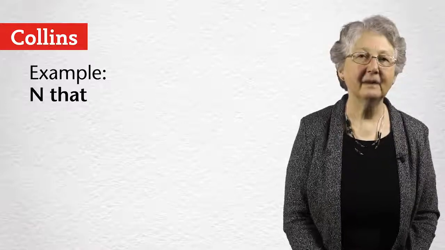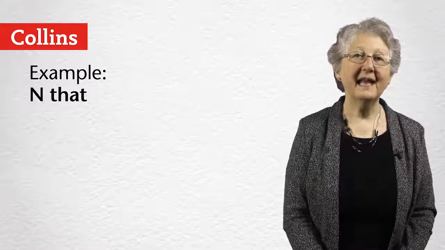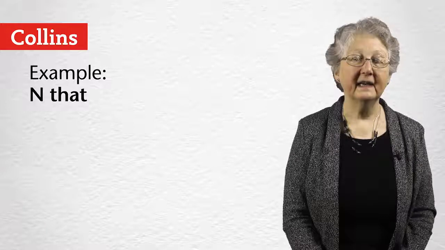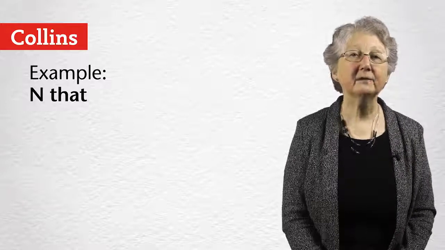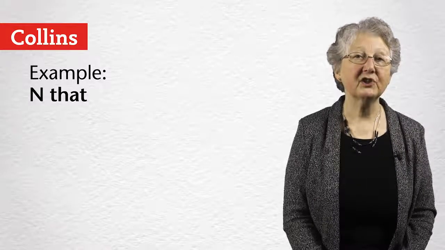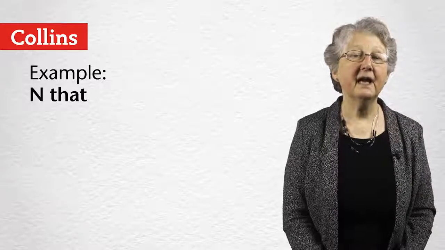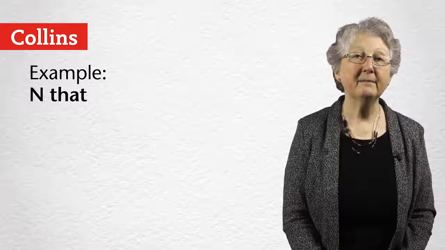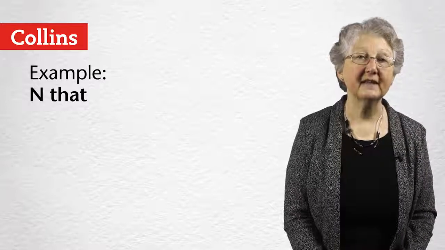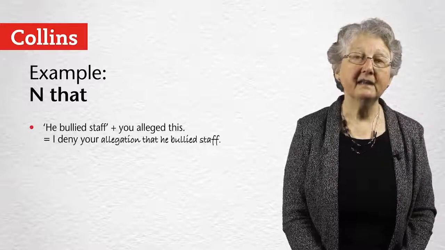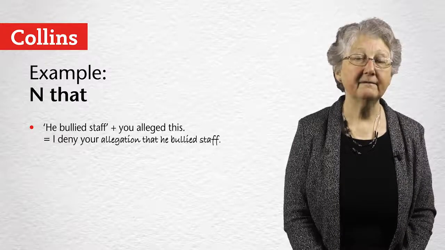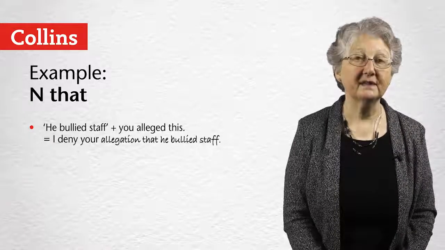Our next example is a noun pattern, noun followed by that clause. Here things are a little bit more difficult for the learner because they have to change a verb into a noun. So we're going to give the learner a bit of help by giving them the beginning of the sentence in each case. So we tell the learner, he bullied staff, and you alleged this.